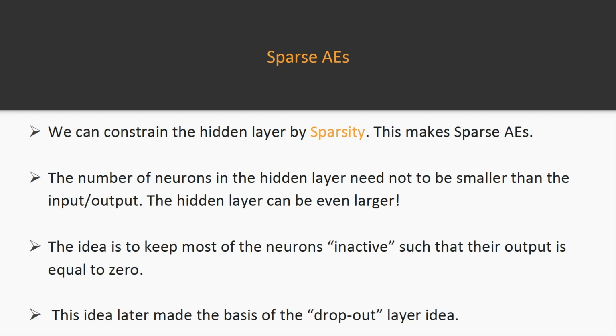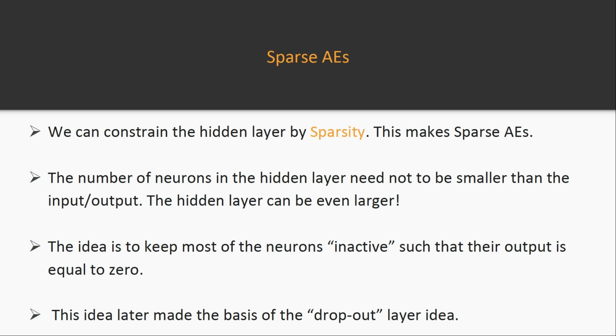In other words, we assume that the number of the neurons in the hidden layer are equal, or they can be even bigger than the number of the neurons in the input and the output. The idea behind this is to keep most of the neurons inactive, such that their output is equal to 0. Thus, this will make the hidden layer sparse, and that is why these autoencoders are called sparse autoencoders.